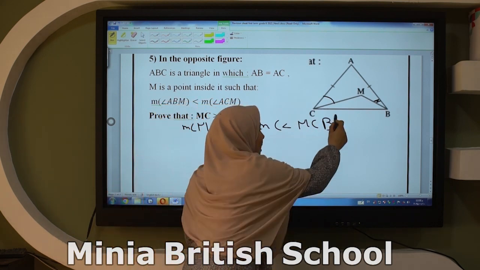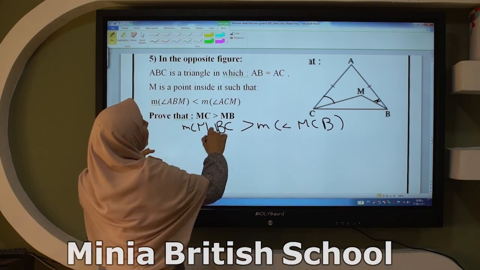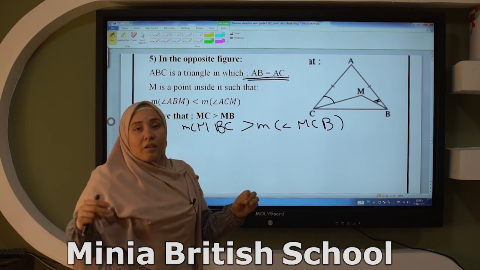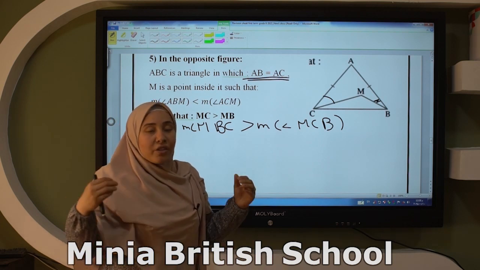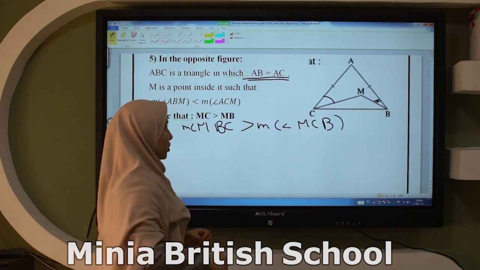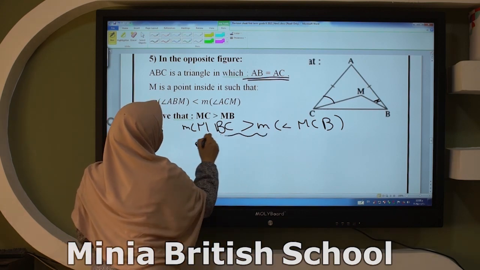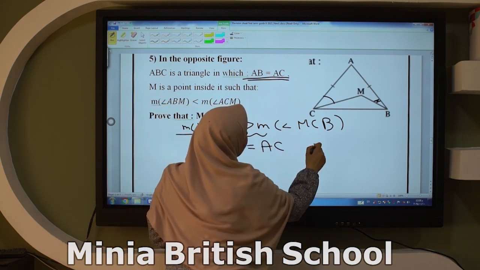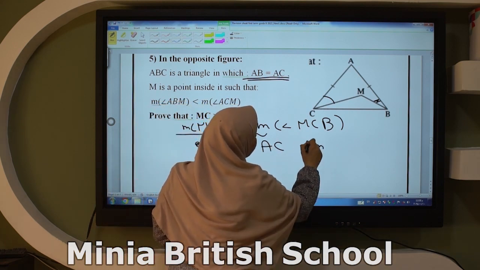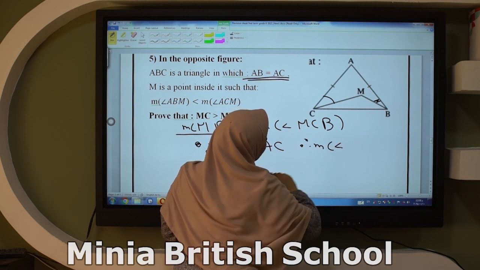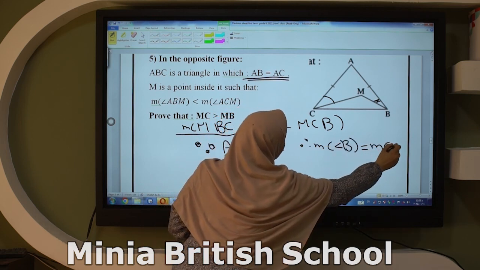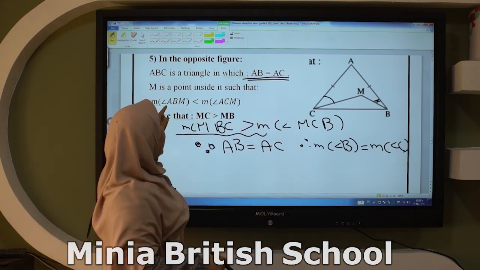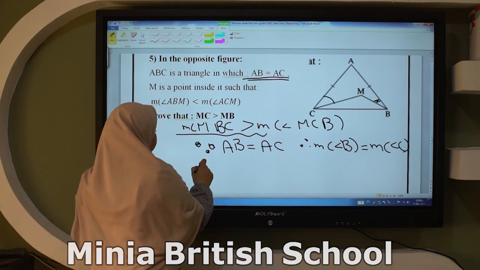Okay. From the given, the first one I have AP equal AC. Then the measure of the base angles are equal in measure. Then since AP equal AC, therefore measure of angle P equal measure of angle C. And from the given, measure of angle APM less than ACM.